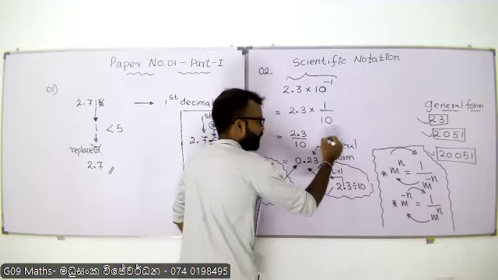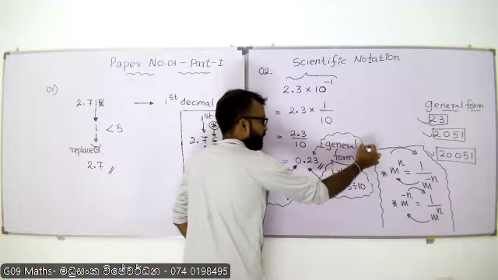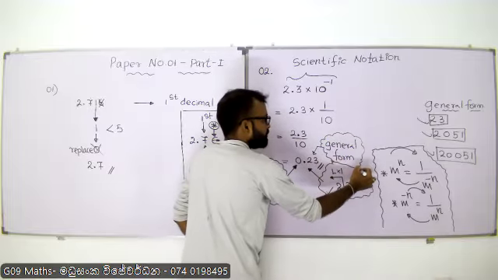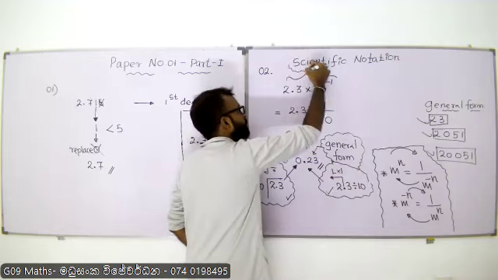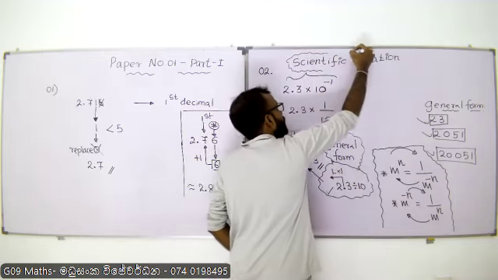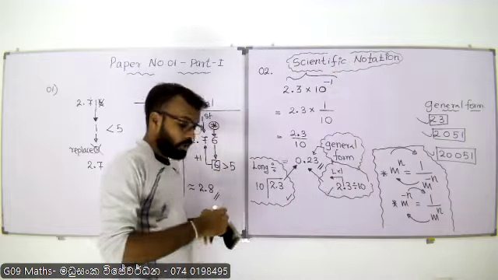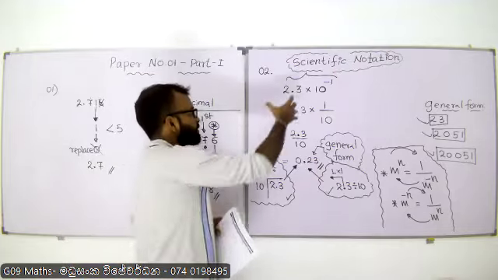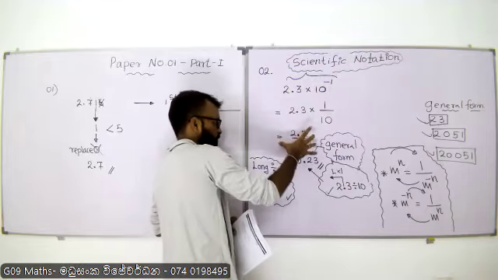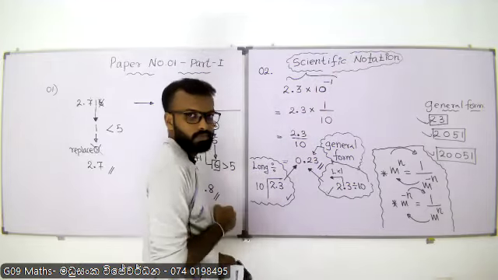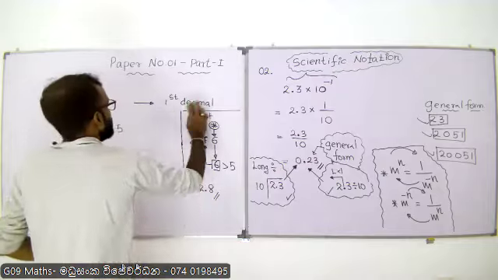There is no need to write the general form as well. These things are for your knowledge only. These are the steps that you need to follow to get the final answer.